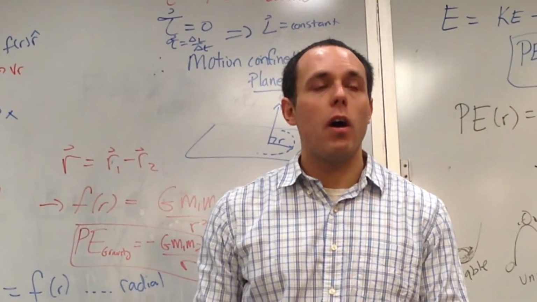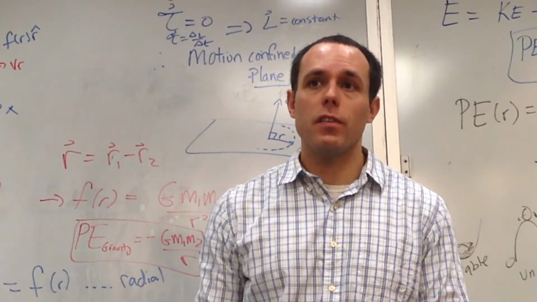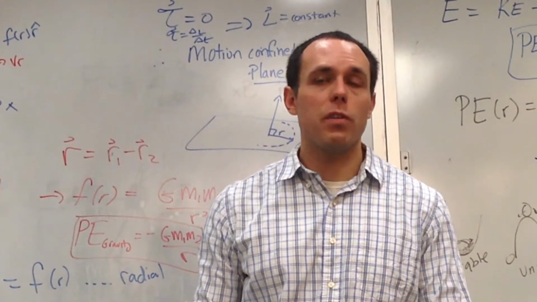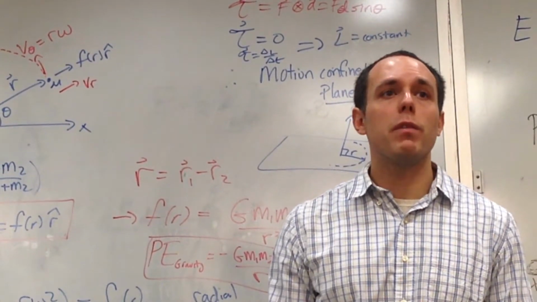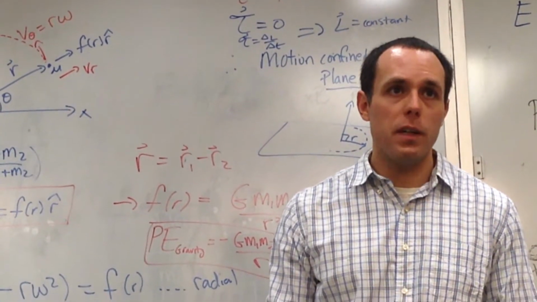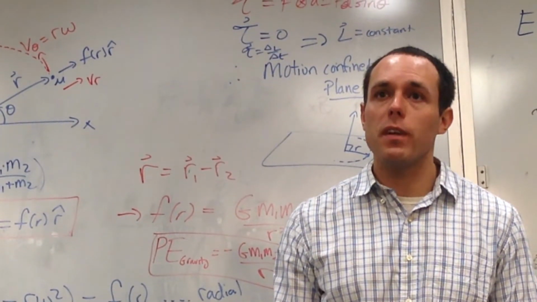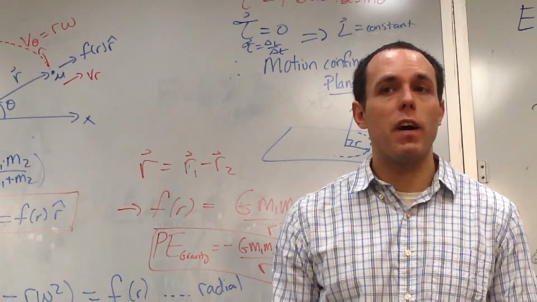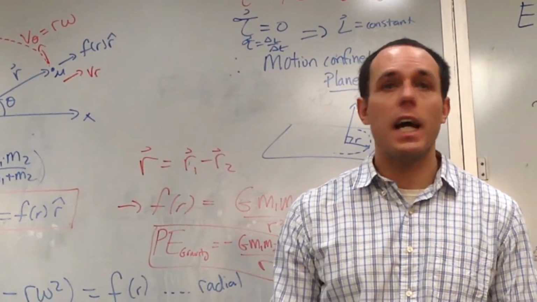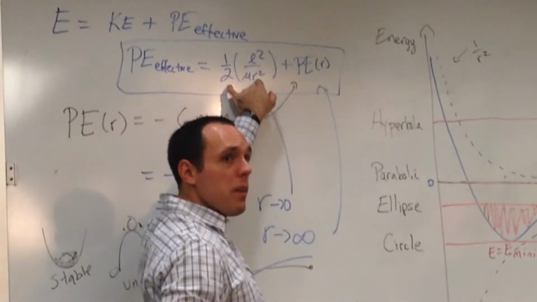Now remind you, all of this was derived with the basic idea of taking a two-body system, m1 and m2, which are interacting via a central force, and changing that into a reduced mass, a one-body problem, interacting under a central force, and then using constants of motion, such as angular momentum, which meant motion was confined in a plane, and energy, specifically here, with the addition of the centrifugal term, which now gives us an effective potential energy.